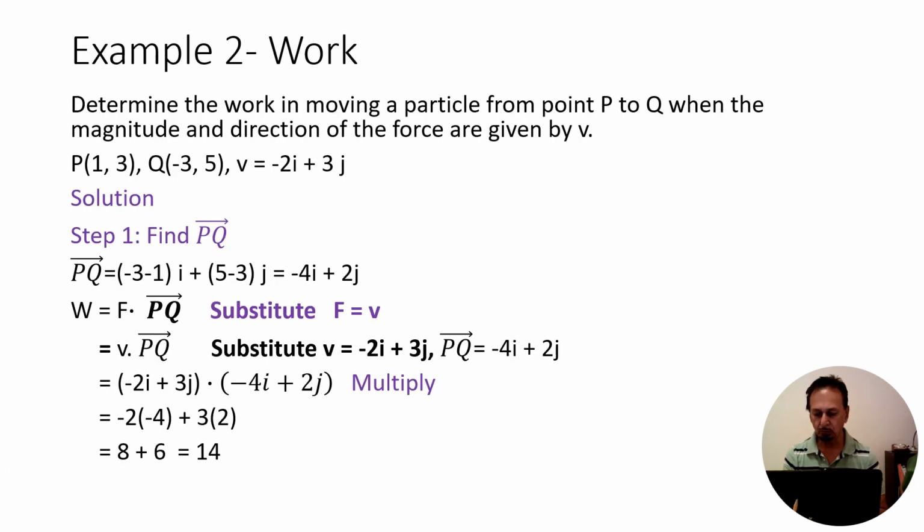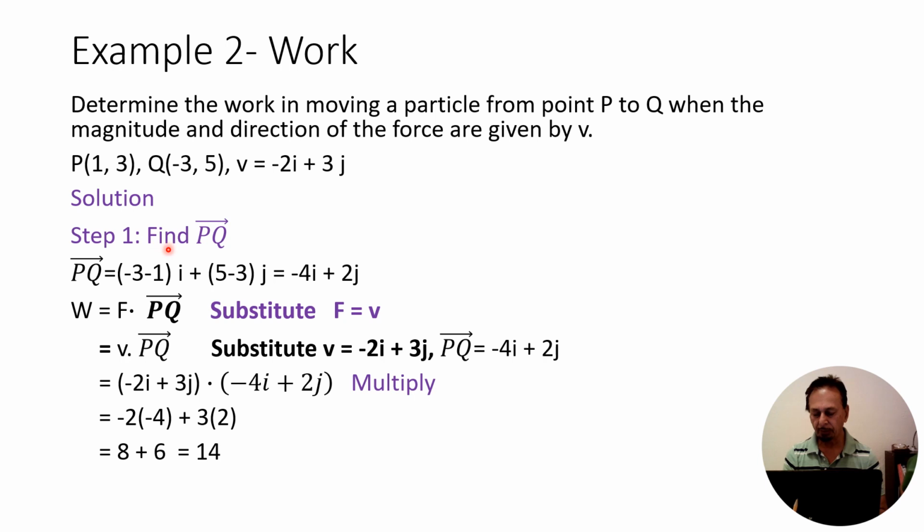Example 2. Work. Determine the work in moving a particle from point P to Q when the magnitude and direction of the force are given by V. So we are given point P (1, 3) and point Q (-3, 5), and the force is given by vector V equals -2i plus 3j.